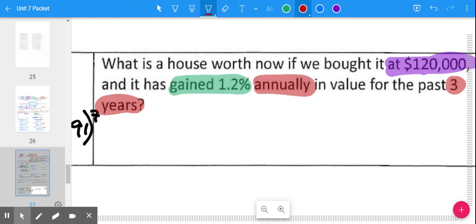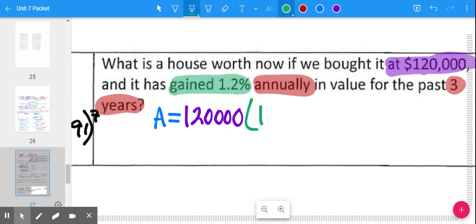When we set this one up, our amount of money is based on that 120,000, and that whole amount is going to be gaining at a rate of 1.2%, so 0.012. And we want to find out after 3 years.